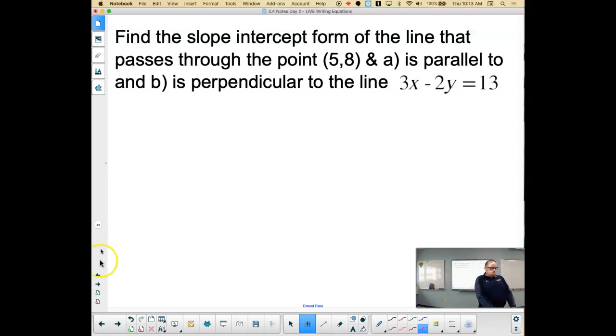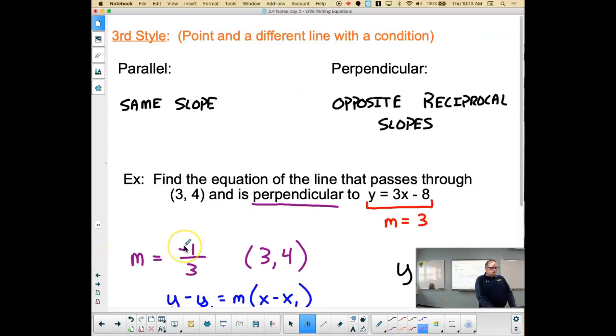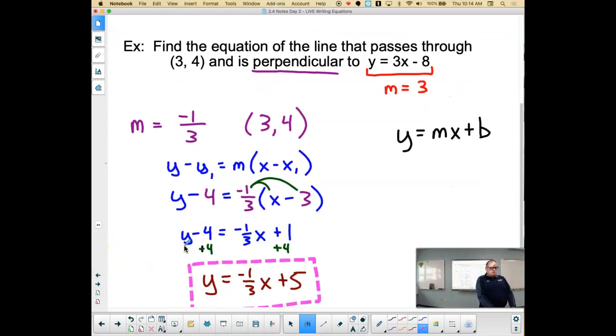What was the very first thing that we did in this problem? Find the slope. Thanks, Noah.